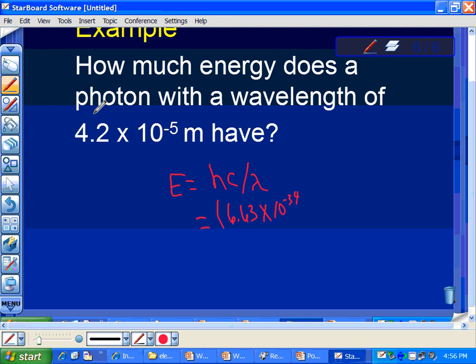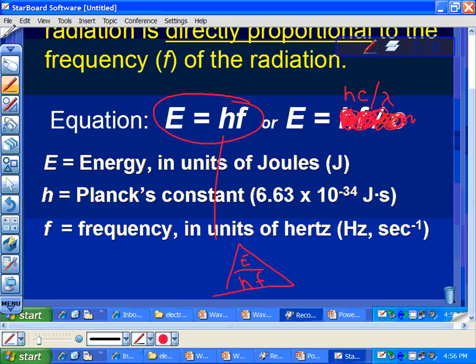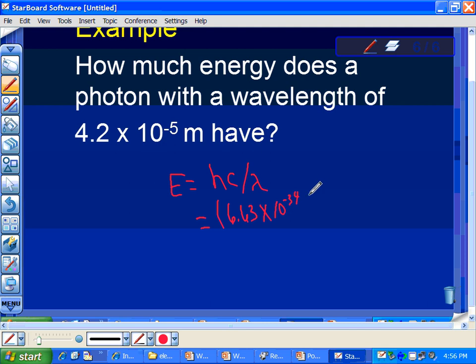And the unit for that guy was joules times seconds. c stands for the speed of light. You've heard of E equals mc squared, right? The c is the speed of light, which is 3 times 10 to the 8th meters per second.